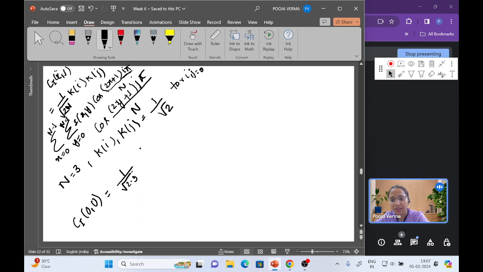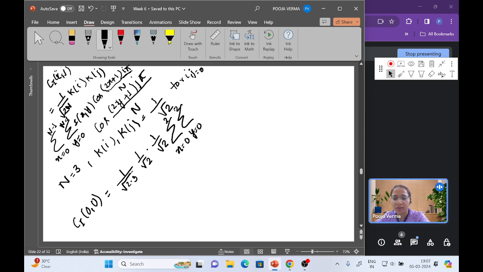The k(i) and k(j) value at 0 is 1 by root 2, so 1 by root 2, and for k(j) 1 by root 2. Then summation x from 0 to n minus 1, that is 3 minus 1, that is 2. y also varies 0 to 2.